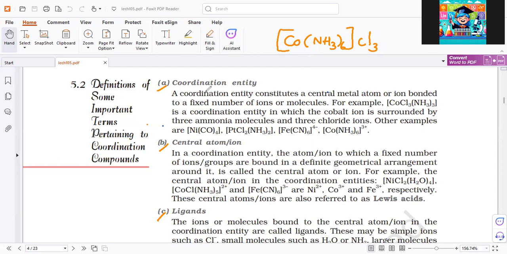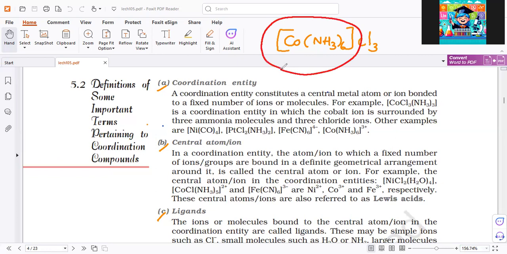First, coming to the coordination entity. Coordination entity means all the constituents of this double bracket.